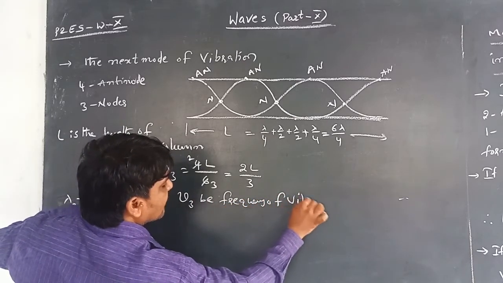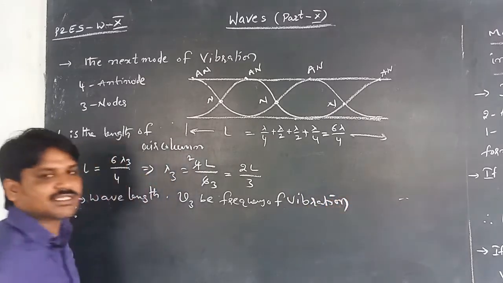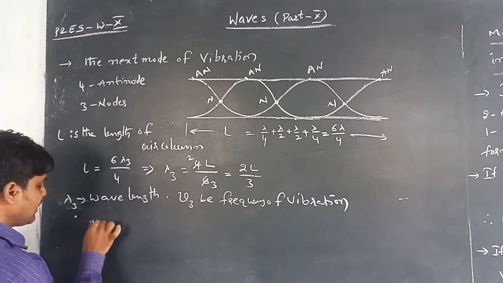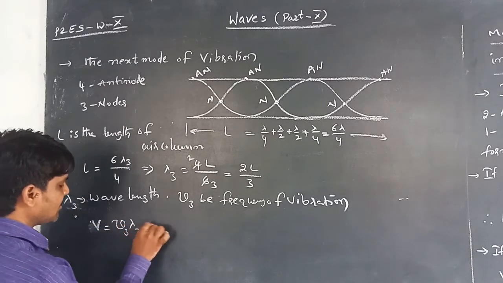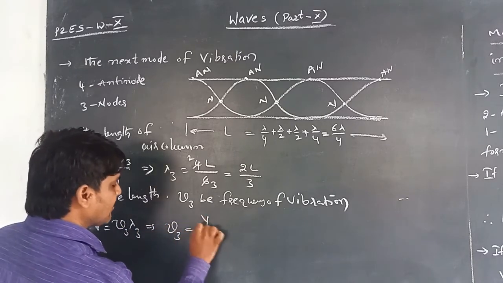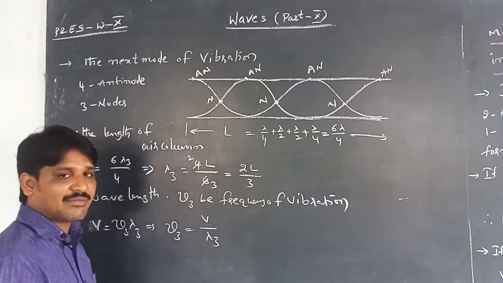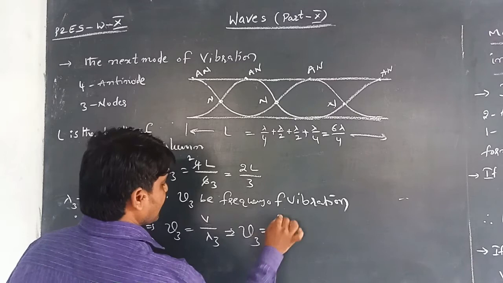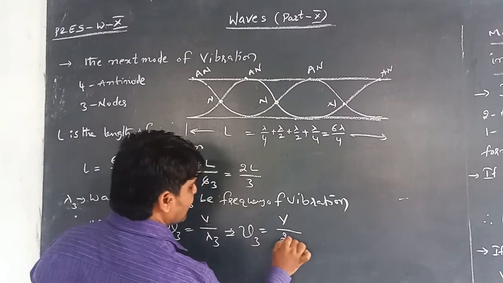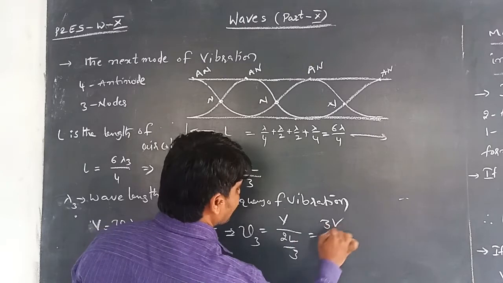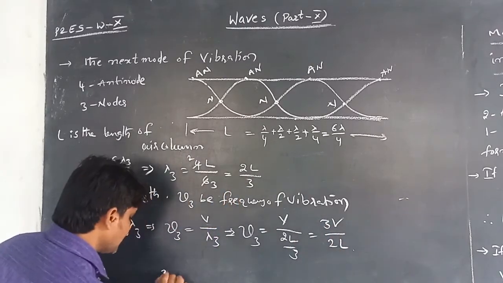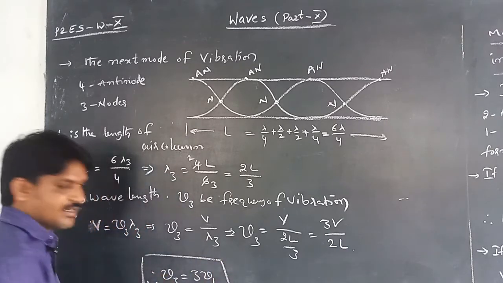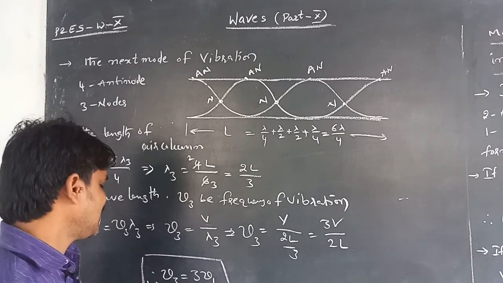From this we can write V is equal to nu3 lambda 3, so nu3 is equal to V by lambda 3, that is V by 2L by 3, which is 3V by 2L. Means nu3 is equal to 3 nu1, from the fundamental frequency.